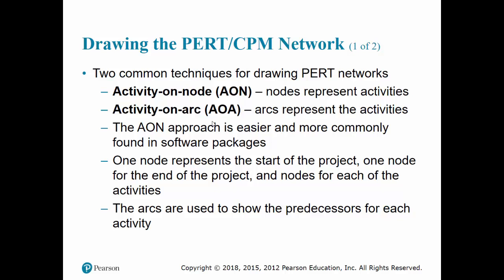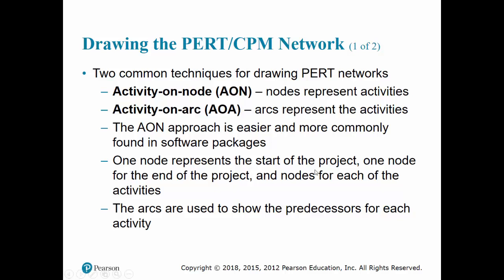It is a slightly more complicated convention than AON, and I personally feel it doesn't offer any great benefit for that additional complication. The only difference is that the length of the arrow can represent the activity duration, so there is one small advantage there.